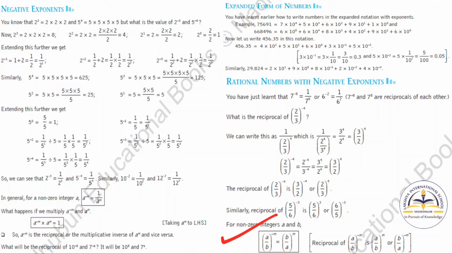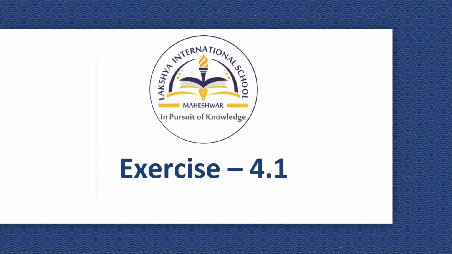Here you can see A by B has minus m. When we take the reciprocal of A by B, it will become B by A. The negative sign of the exponent will become the positive sign. Now on the basis of this concept we will solve exercise number 4.1.